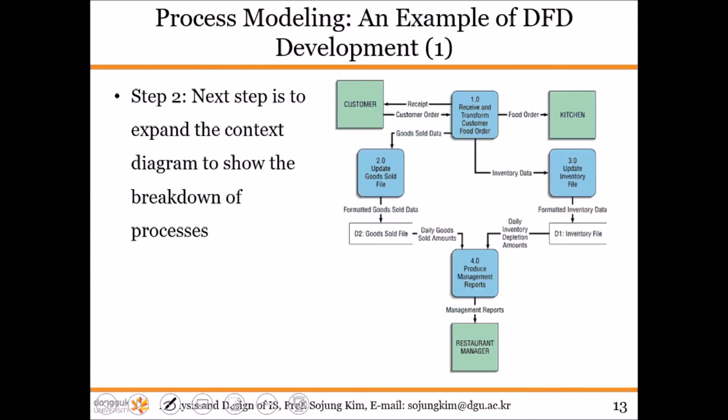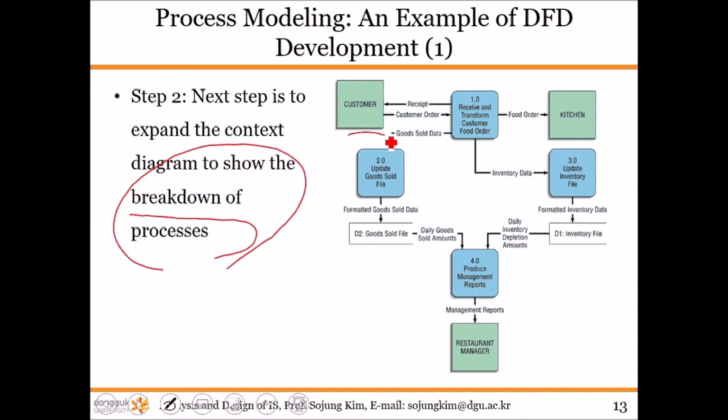So basically, it only gives us the relationship between the external entities and the system, right? However, we want to understand more about the system in order to develop it. So next step, you can expand the context diagram to show the breakdown of the process. So level 0 diagram.